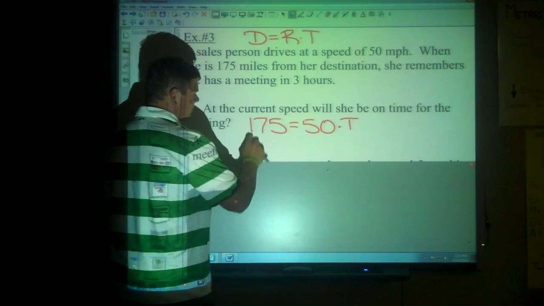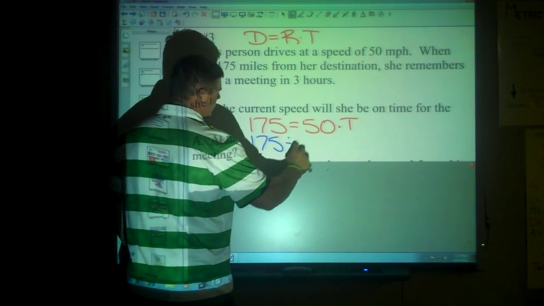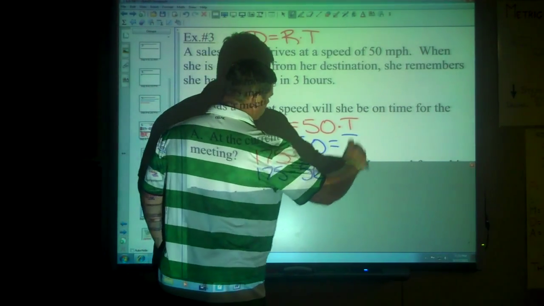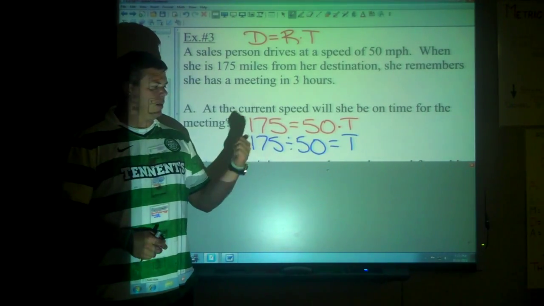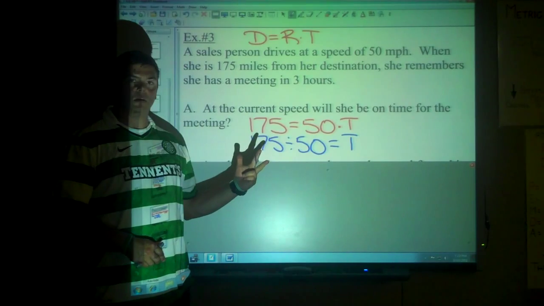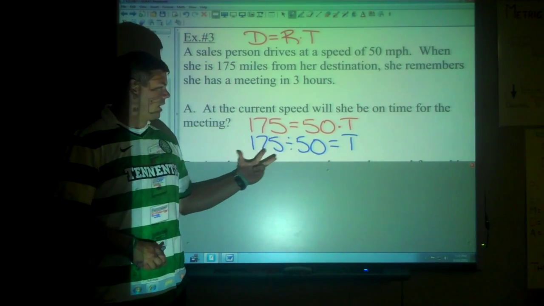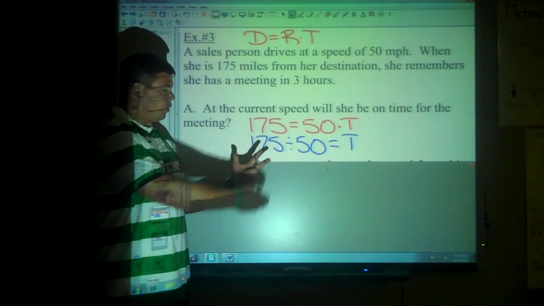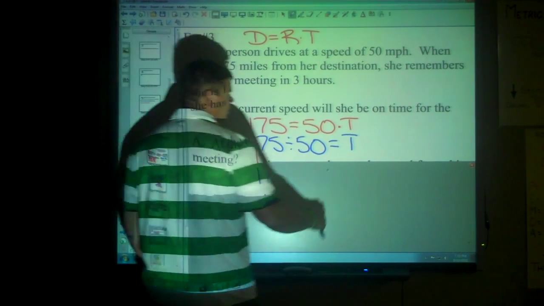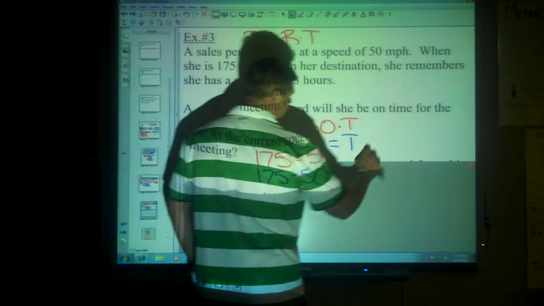If we take 175 and divide it by 50, it should give us the time. Well, let's count by 50s. 50, 100, 150. 150 is not going to be 175. It's a little short. So we have to drive more than 3 hours. In fact, we've got to drive 3.5 hours.